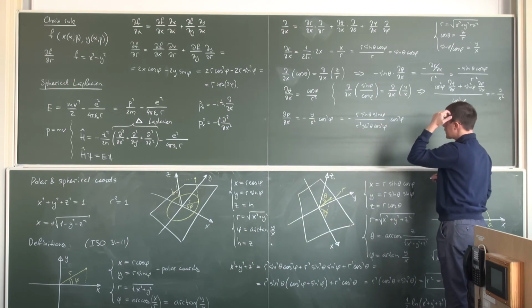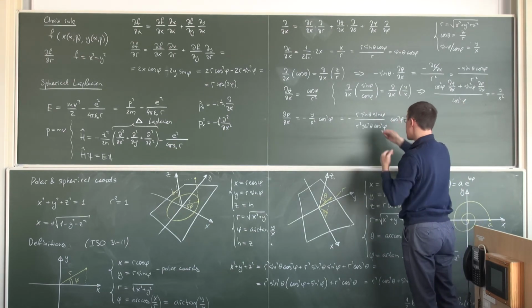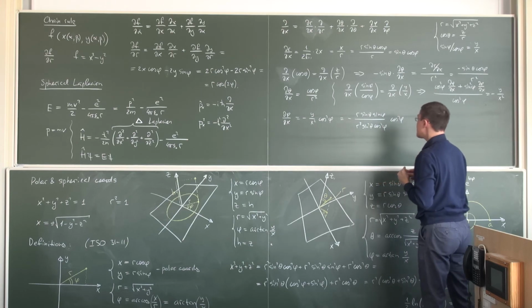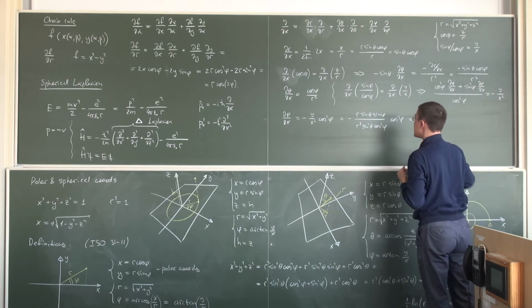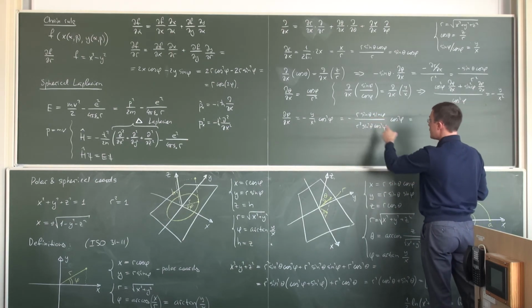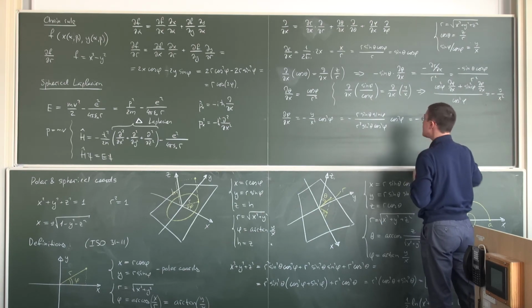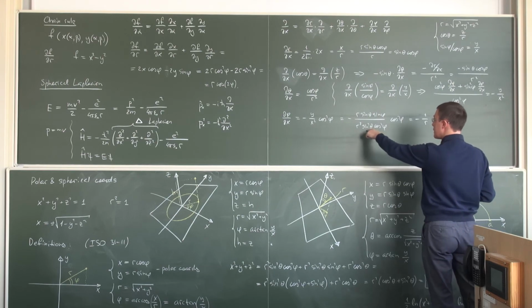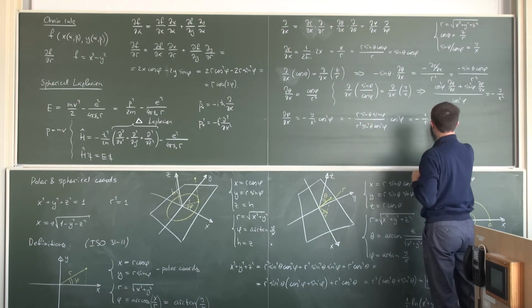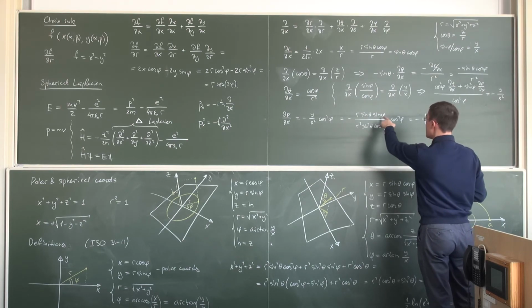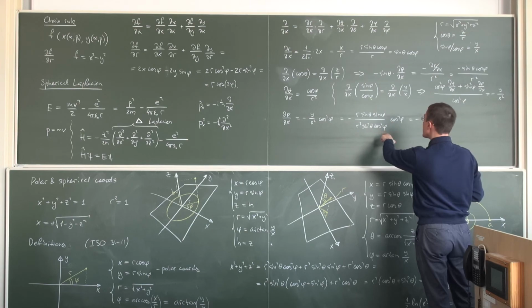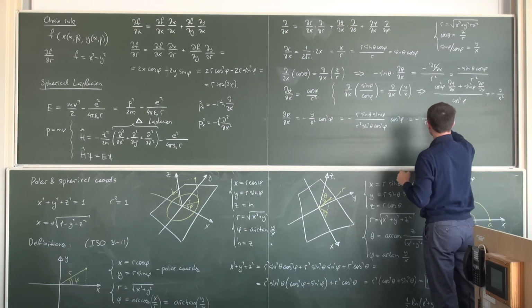Cos and cos cancel. Sine cancels one unit of it with the sine in the denominator. 1 over r remains, minus remains, so we have 1 over r, and then the sine theta in the denominator. And I think it's the sine phi in the numerator, that's right.